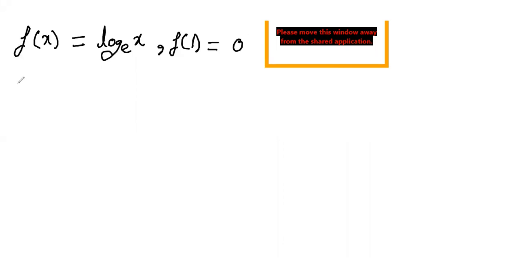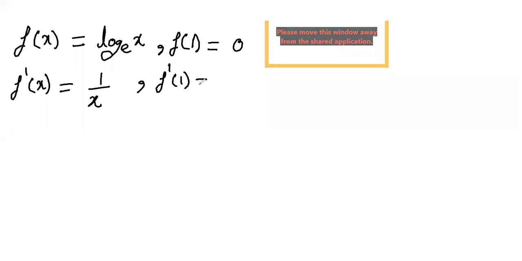Okay, so our f of x is log x. So f of 1 is log 1, which is 0. Now f dash x is 1 by x, so f dash 1 is 1.